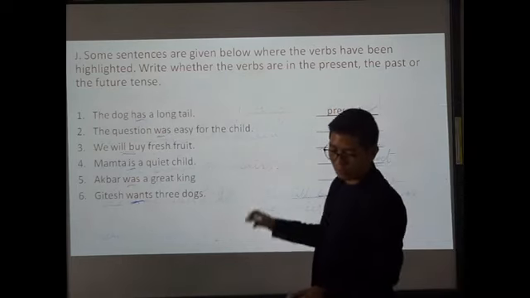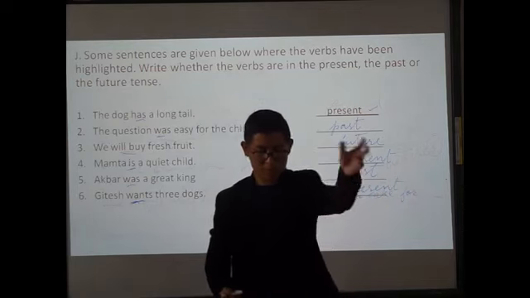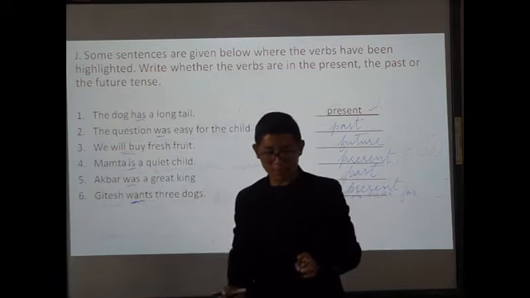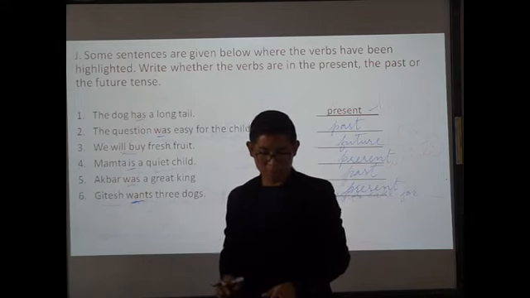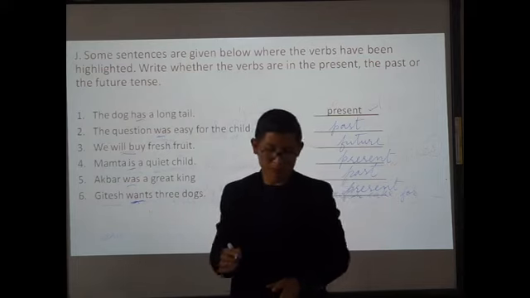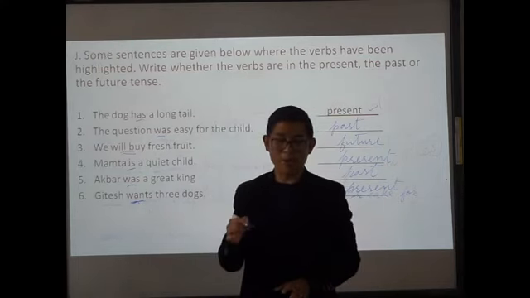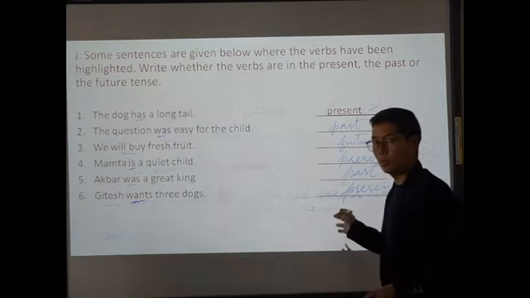So this is how you are going to do the exercise J number. There are some more, 6, 7, 8, 9, 10. Just see the highlighted verbs there and write whether these are future, past or present tense. Just like this. Okay?